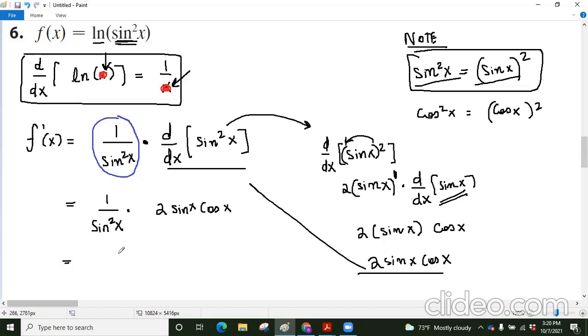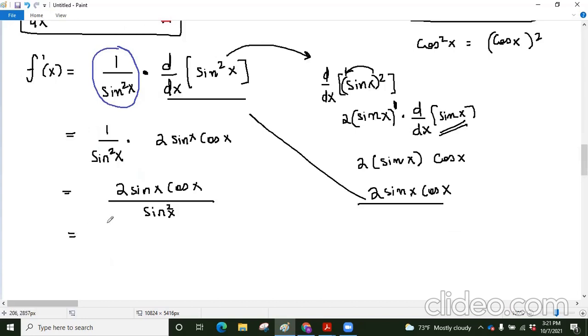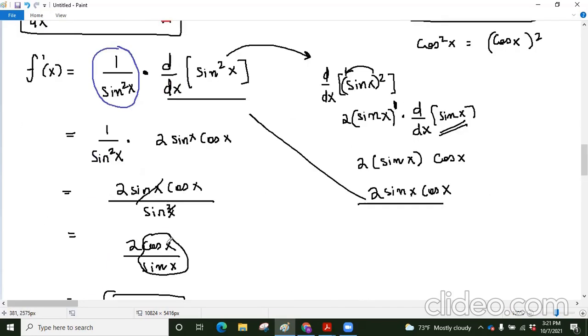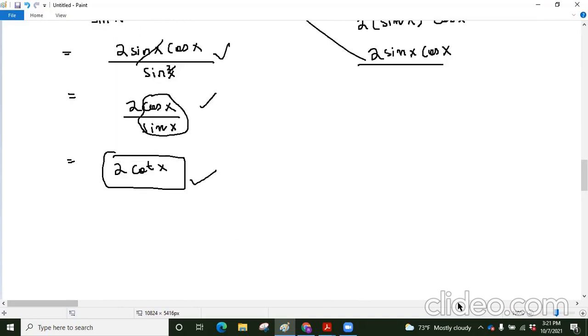So this is 2 sine of x cosine of x over sine of x squared. You'll notice that 1 sine of x can cancel out, so you could say 2 cosine of x over sine of x. And perhaps you know that this is cotangent, so you could say 2 cotangent x if you really wanted to, but that's your answer. I think any of these would be perfectly fine.